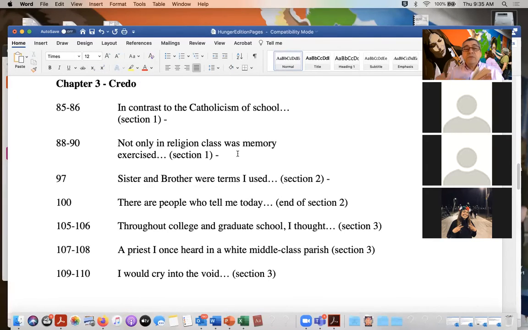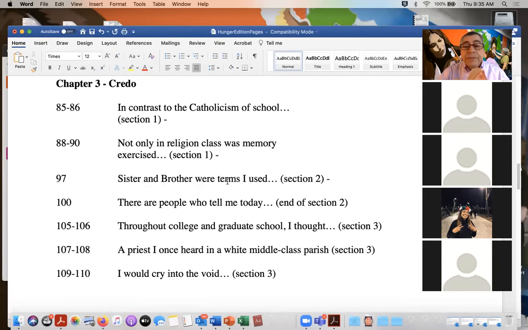Jaylene, Jimena, help us out: go to any of these pages I'm referencing and give us your page if you're using the black cover edition. I have the brown book, so I can't really be of much help.